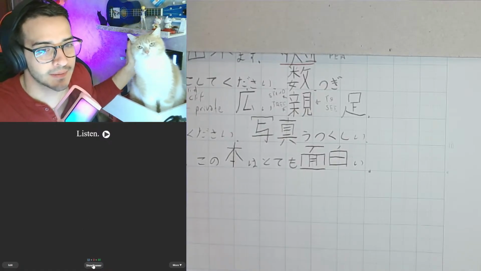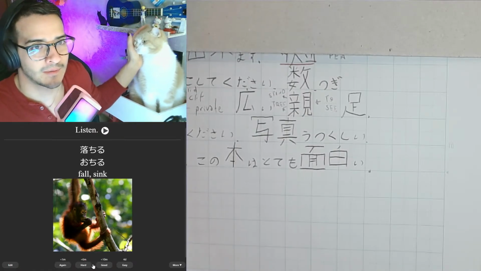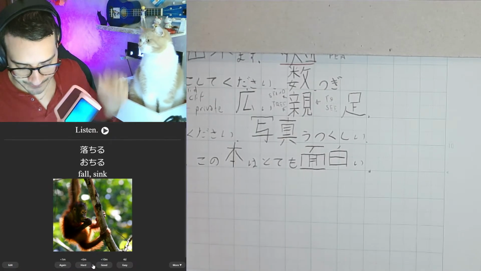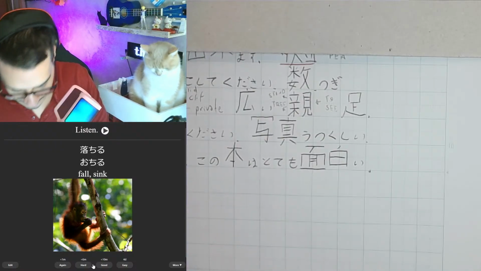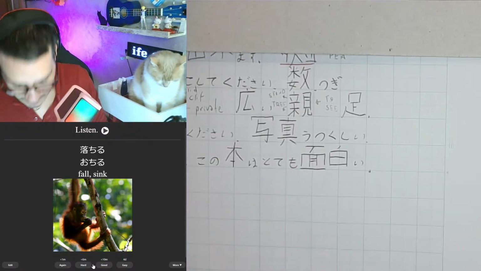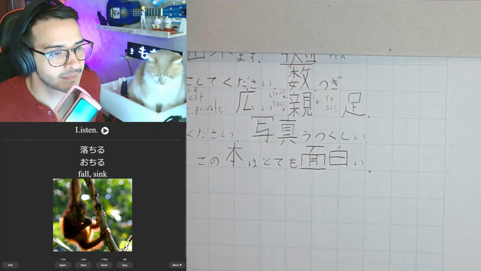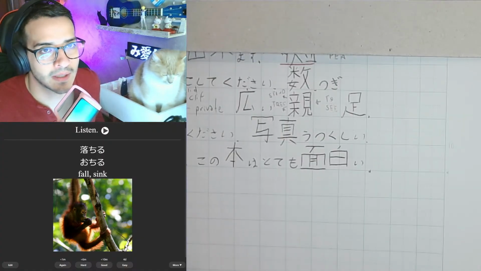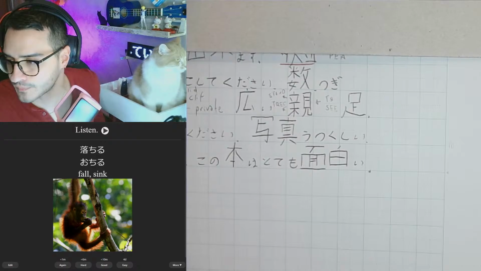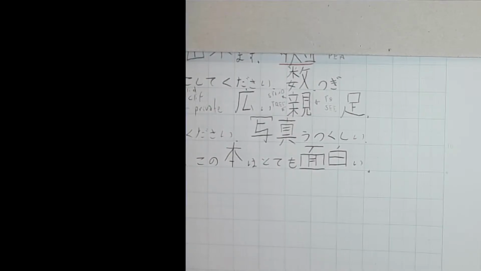How do we write it? No idea. Fall, sink. It would be nice to be able to use the dictionary. Why can't I use it? Come on. Okay. Hold on a second, guys.